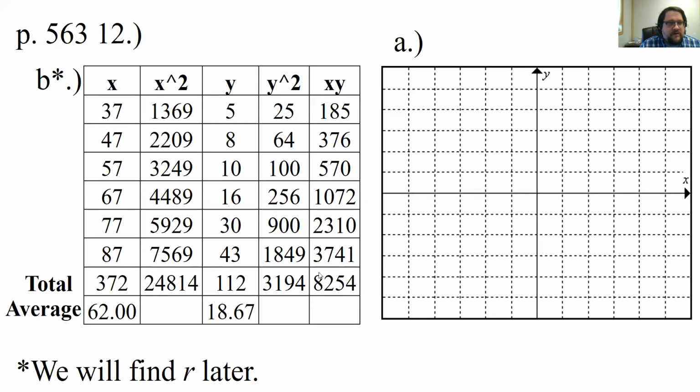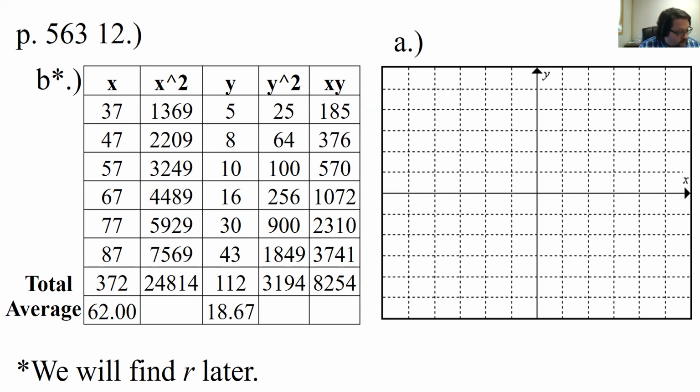All right. So let's look at page 563, number 12. Number 12, so let X be the age of licensed drivers in years. Let Y be the percentage of all fatal accidents for a given age due to the failure to yield the right of way. Okay, so they failed to yield the right of way.